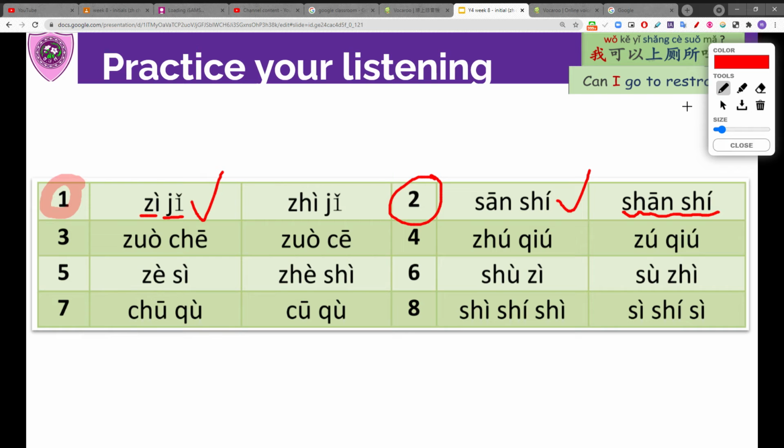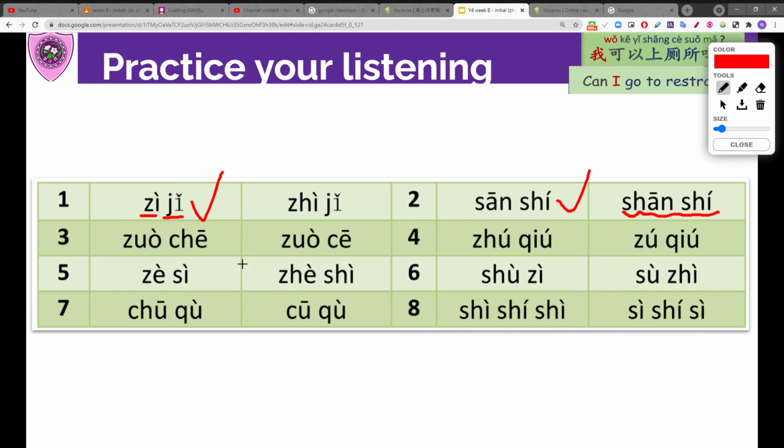Let's continue. Number 3, pay attention. Which one is the pinyin of 坐车? Do you hear it?